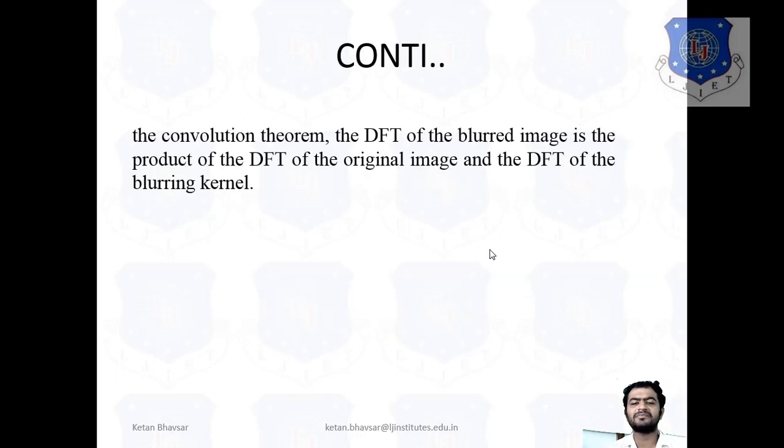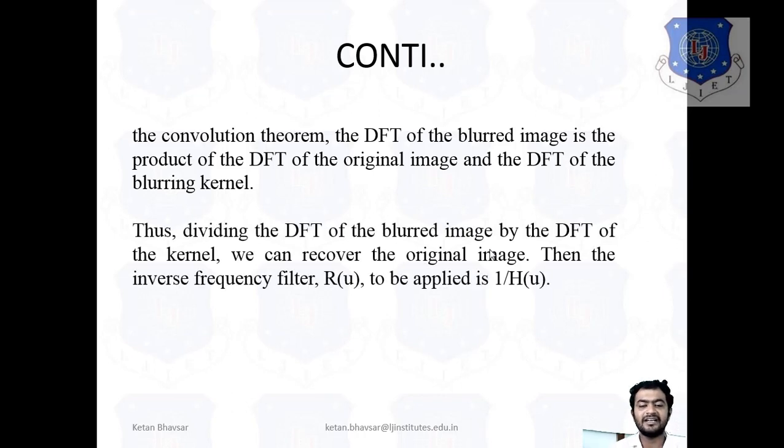By the convolution theorem, the DFT of the blurred image is the product of the DFT of the original image and the DFT of the blurring kernel. Thus, we divide the DFT of the blurred image by the DFT of the kernel. It's basically a Fourier transform based concept of how you can take original content from the degraded content and receive meaningful information.